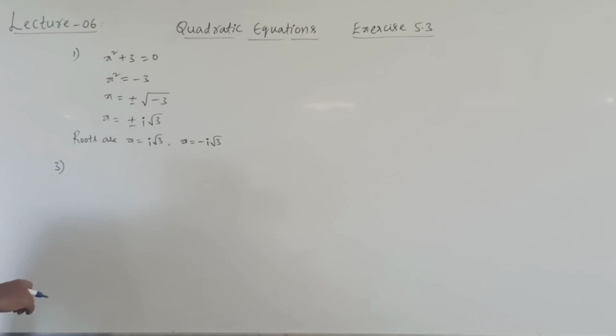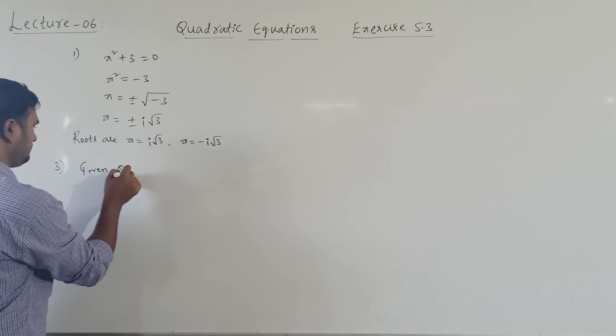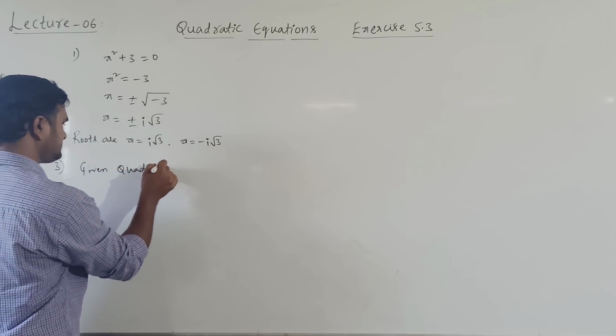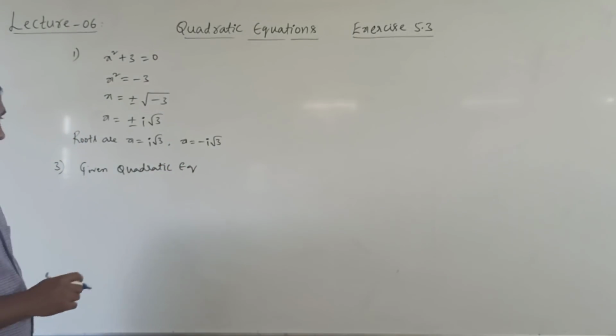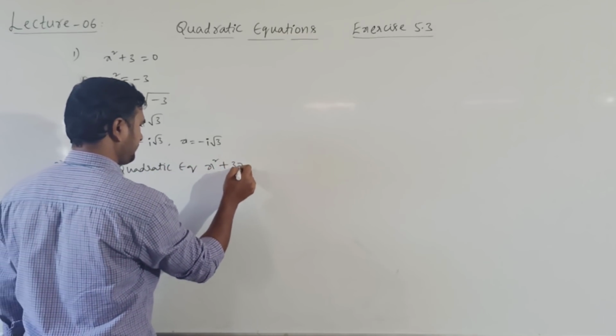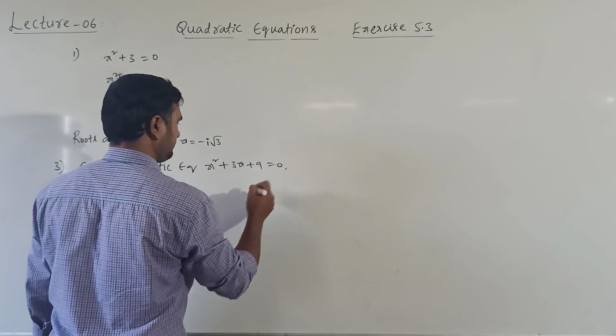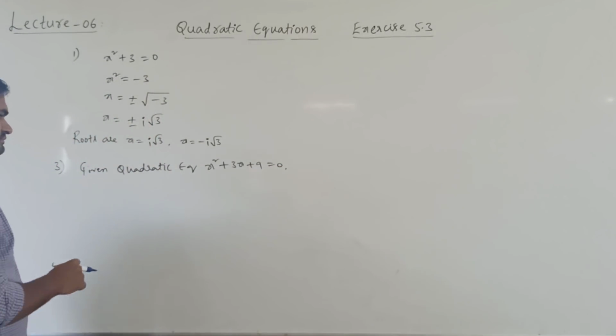Again roots of a quadratic equation. Given quadratic equation, x square plus 3x plus 9 equal to 0. Now we need the roots of this quadratic equation.